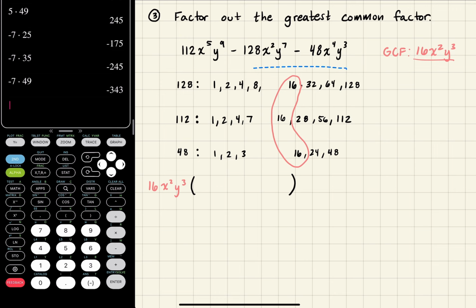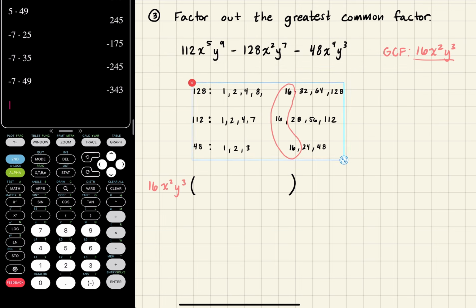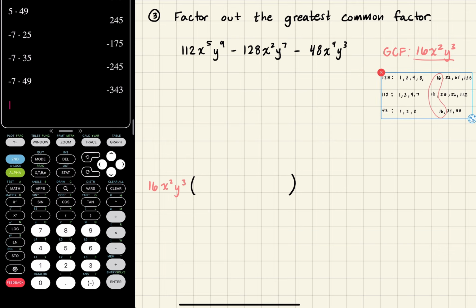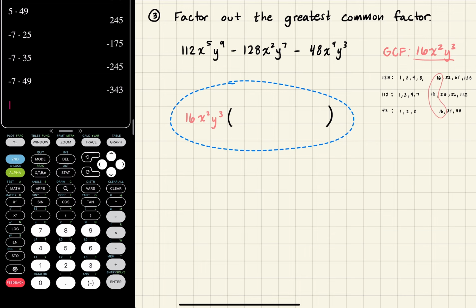And actually, let me move this out of the way. And we'll bring this up. Okay. Now remember, when you factor out the GCF, when you pull it to the outside, all you're really doing is dividing each term by the GCF.